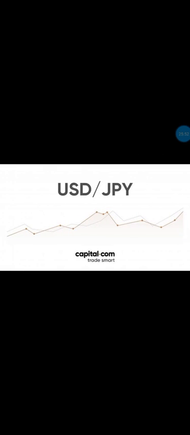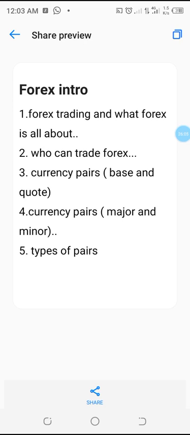I hope you guys understand this. There are two types of pairs: the USD pair and the Japanese currency pair. Good. So I believe you guys have been able to follow.